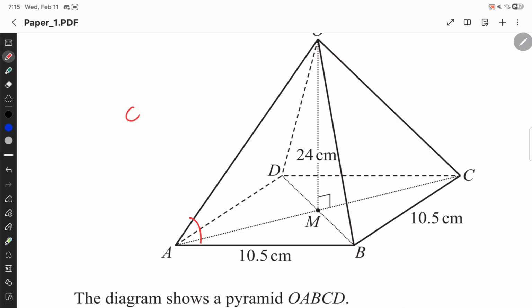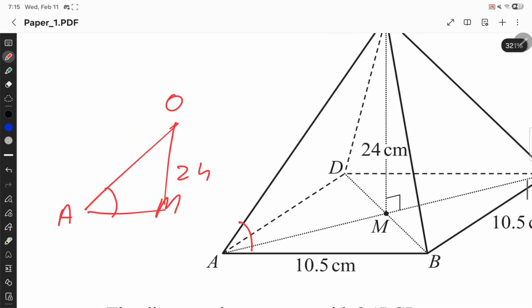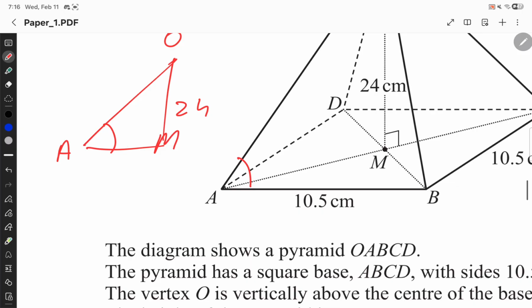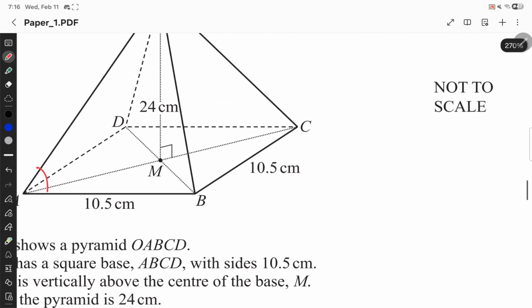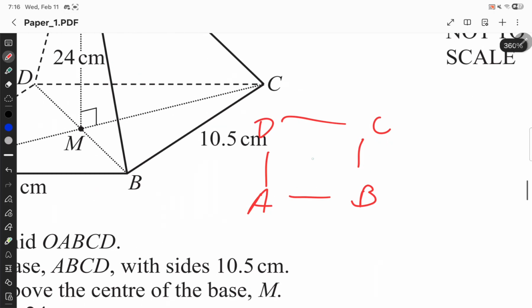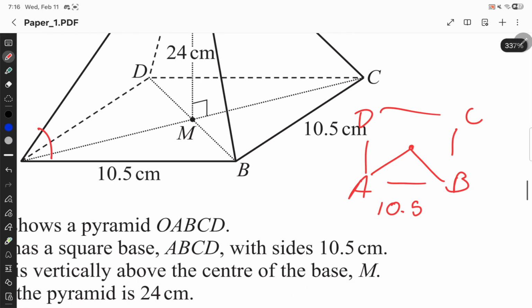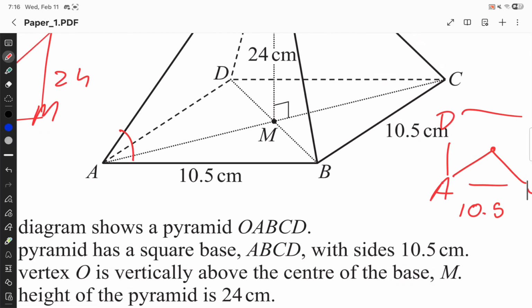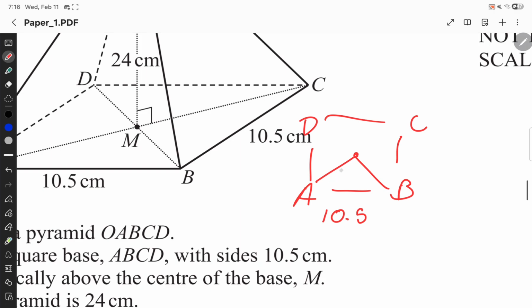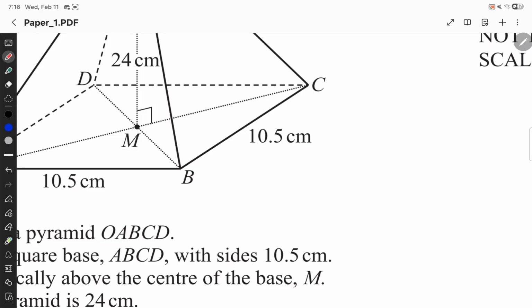This is 24 and this side length is AM. And this ABCD is a square, so like so.